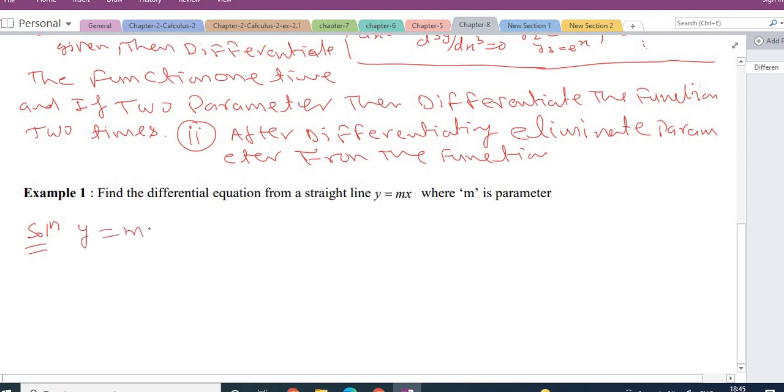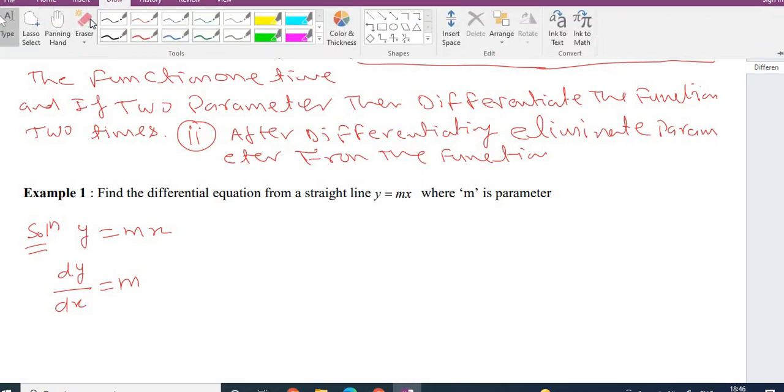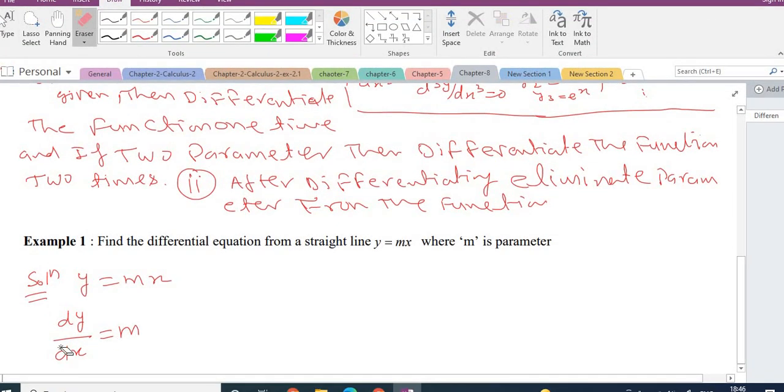y = mx function is given. It means that we need to differentiate one time. So one-time differentiation means dy/dx = m. Or we can say d/dx of y = m d/dx of x.